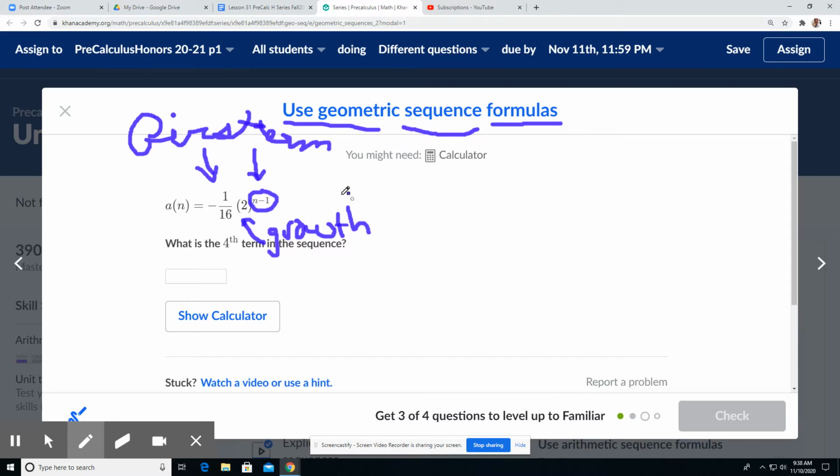All right, so I just want to compare it to what we would usually see here at our school. Usually we would see the geometric formula as y equals ab to the x, where a is the zero term and b is our growth.